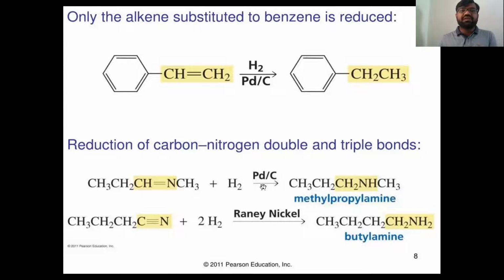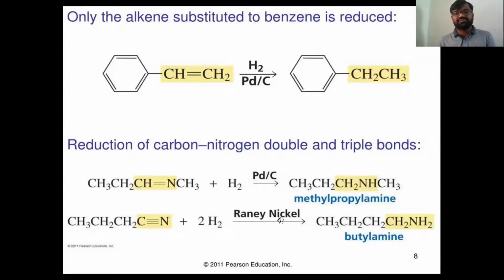Palladium charcoal reduction will make this methyl propyl amine. If we take this isobutyl propanenitrile, you can call it, it needs 2 moles of hydrogen gas because now this is a triple bond.